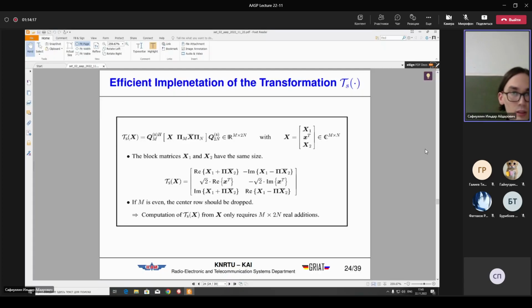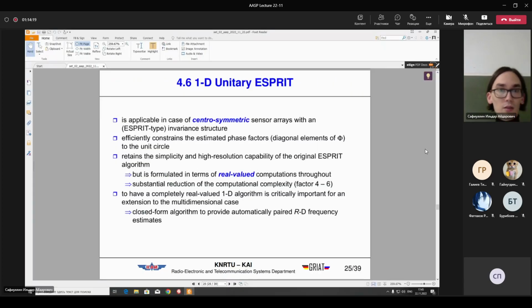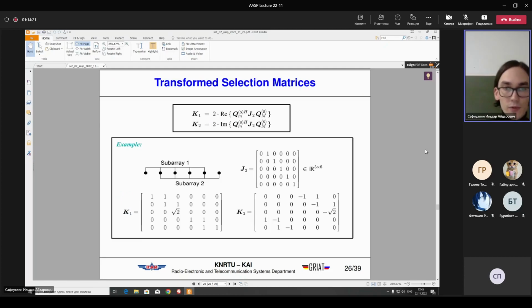So here you can see for the first slide, let's say how we calculate transformed selection matrices. For the first transformed selection matrix, we take the real part of this multiplication with the original selection matrix 2.